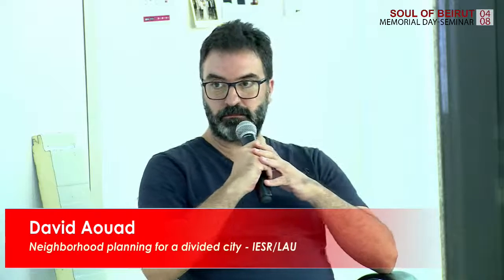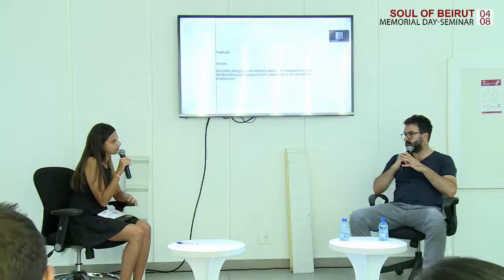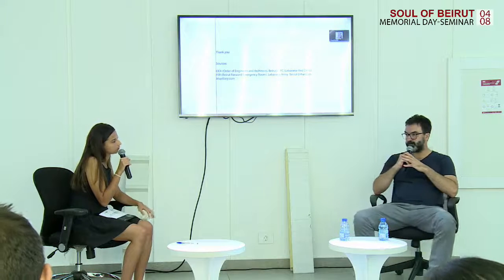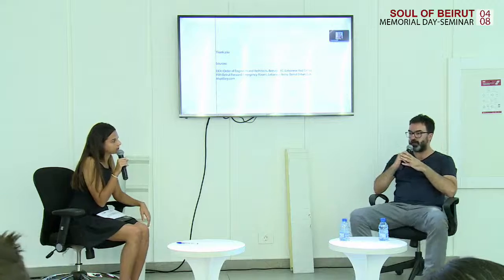Okay, and what about the physical boundaries present in the city and the areas surrounding the port, like the bridges? Yeah, I understand. Of course, one of the things I talk about is Shar Halo, but we have to face the reality of things. We have a coastline, we have the river of Beirut, we have Shar al-Hilo, we have certain infrastructure that cannot be changed. But what we can do is, for example, clear the clusters on the coastline.